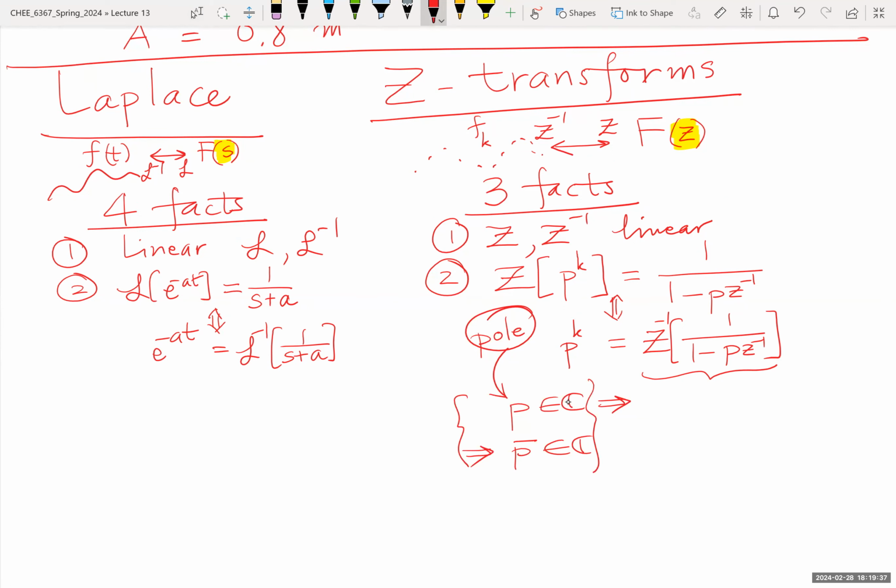And then from these two, we can get the inverse of 1 over 1 minus P Z inverse. If we do partial fraction expansion, etc., there will be a coefficient R here, and another coefficient R bar here, over 1 minus P bar Z inverse. And you take the inverses using this formula here, and you go.